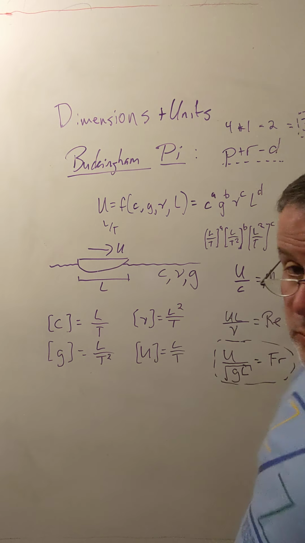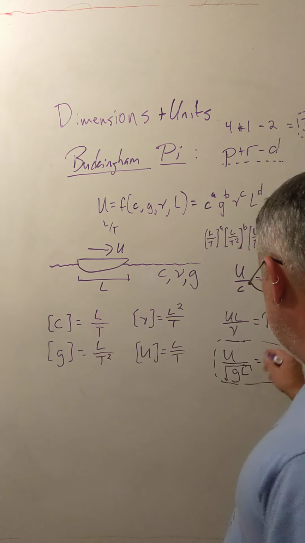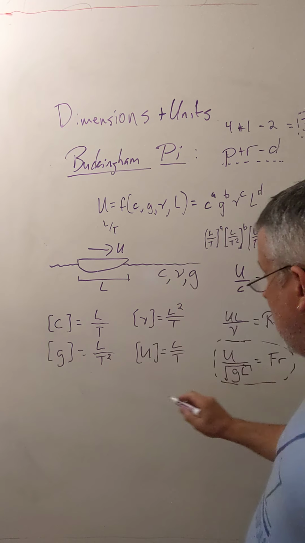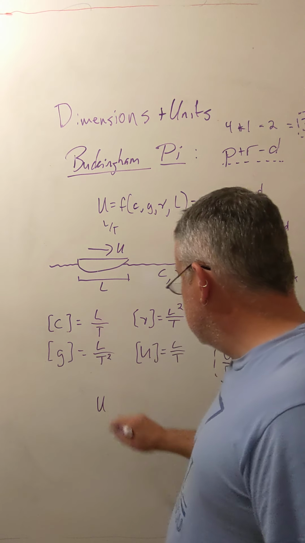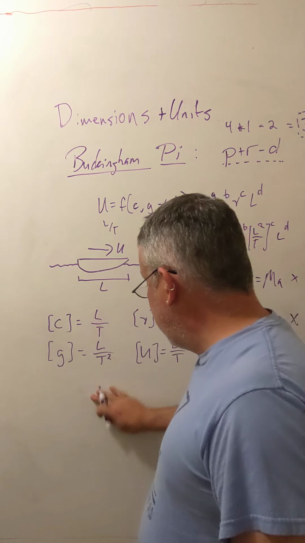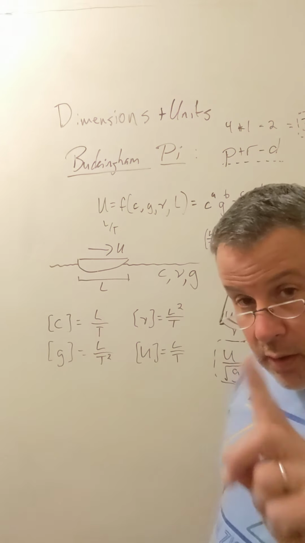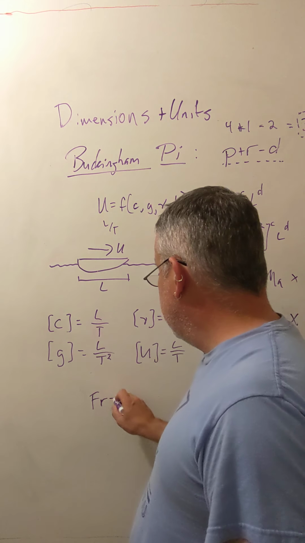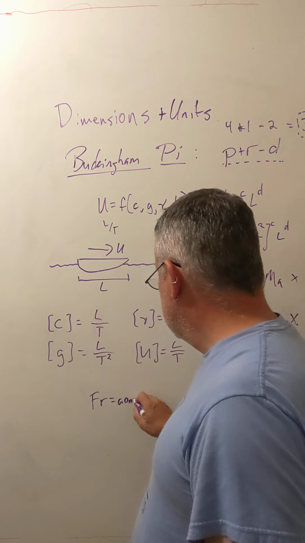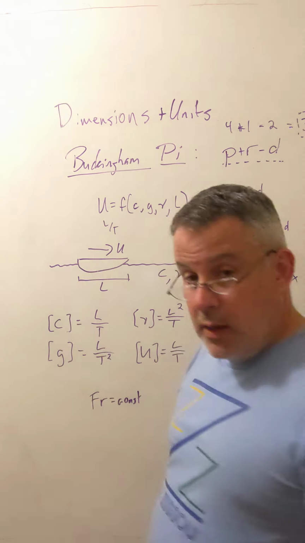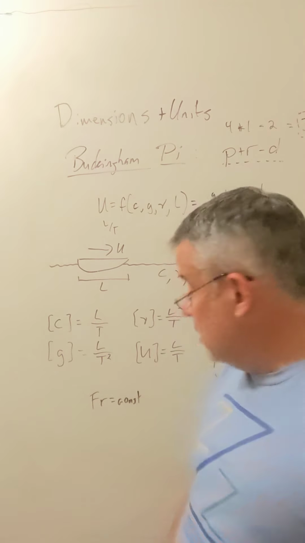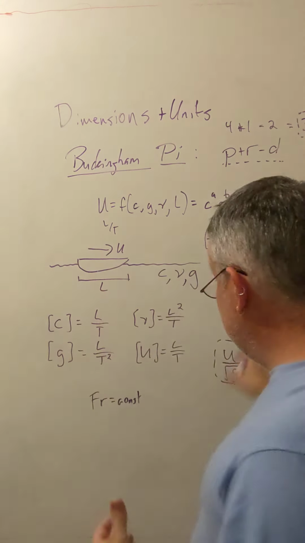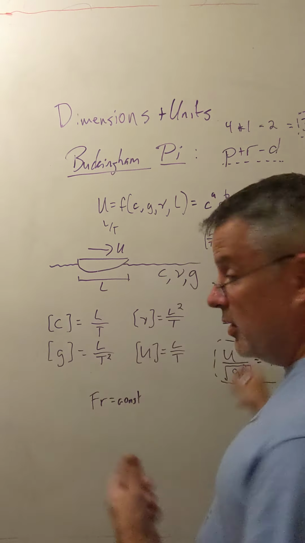And so how do we figure out a theory? Suppose we can neglect the others. This is what a theory looks like. If you have only one important Buckingham parameter, then you would say it's the Froude number equals a constant. That's a key assumption, but if there's only one, that's pretty much the only kind of thing you can do that would be dimensionally consistent, is to say that there's only one thing that's going on.